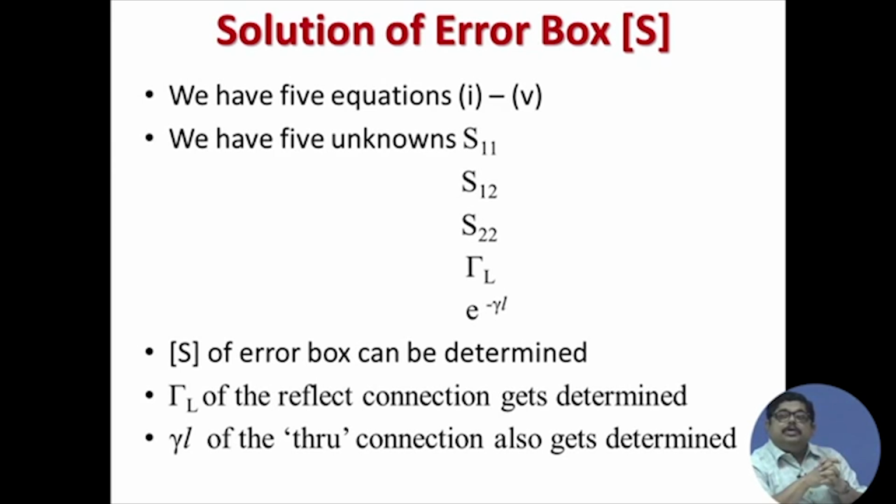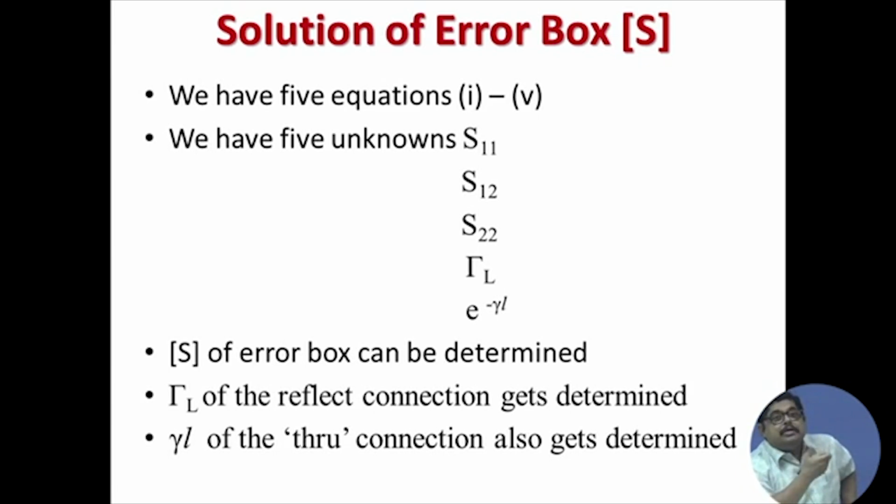So, you find those error boxes, and also in the process gamma L of the reflect connection gets determined. That was not your objective, but you see what type of load you are using. Suppose that load is not very good, because if the signal coming is low, then sensitivity problems come. So, that you can check.